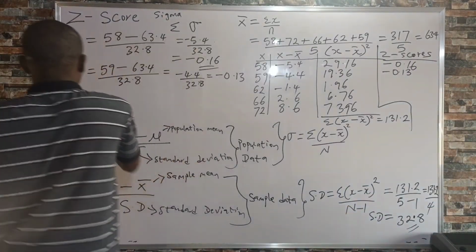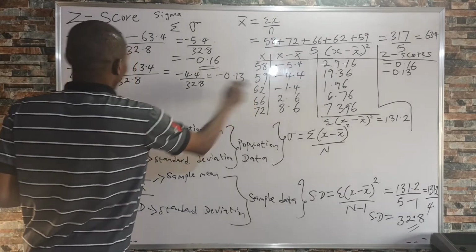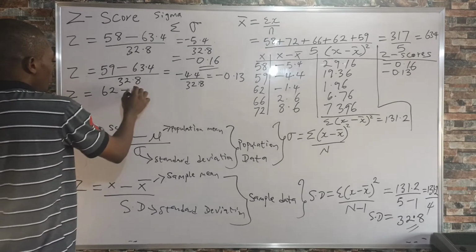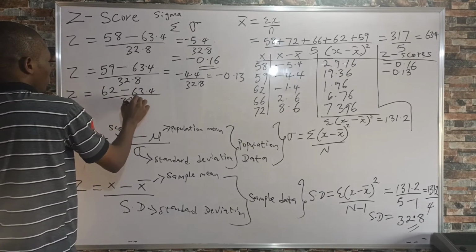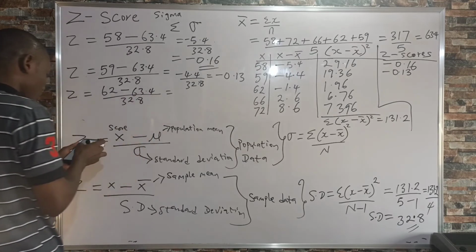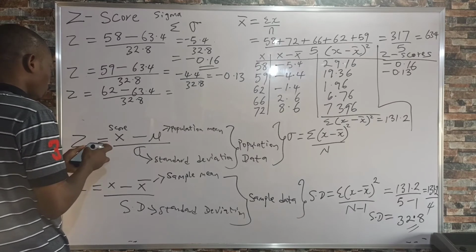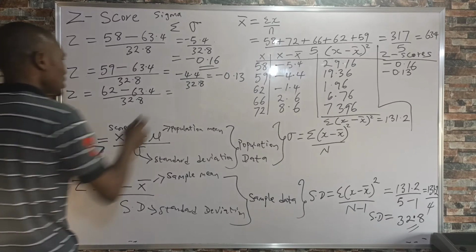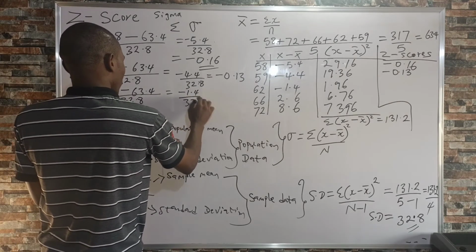Then also for the third one, we have 62. So we have here 62 minus our mean, which is 63.4, all over our standard deviation of 32.8, and that is equal to, with my calculator, 62 minus 63.4, and that will give us negative 1.4 all over 32.8.